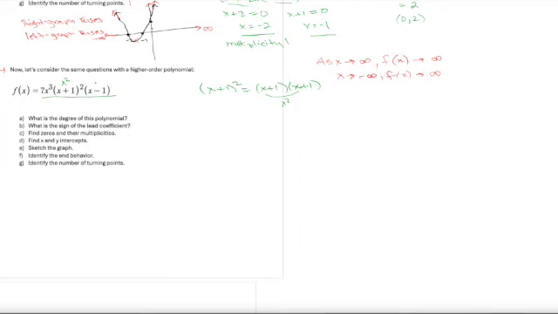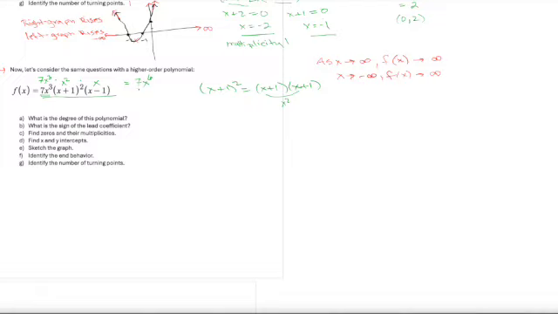X minus 1, the lead term would just be an x. So what I'm going to visualize multiplying out is, again, this front factor, 7x cubed, times x squared times x, which would be 7x to the 3 plus 2 is 5 plus 1 is 6 to the 6th power.